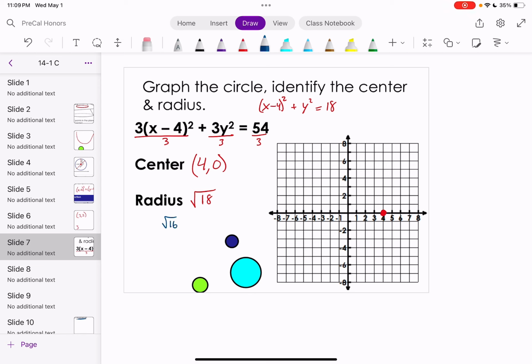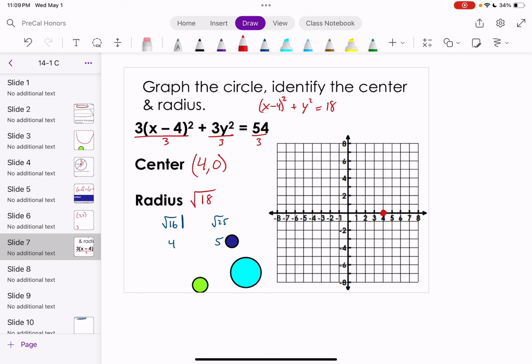Square root of 16, which would give us 4, and the square root of 25, which would give us 5. Notice the square root of 18 would actually fall much closer to 16 than to 25, which means that our answer would be a 4-point something number.